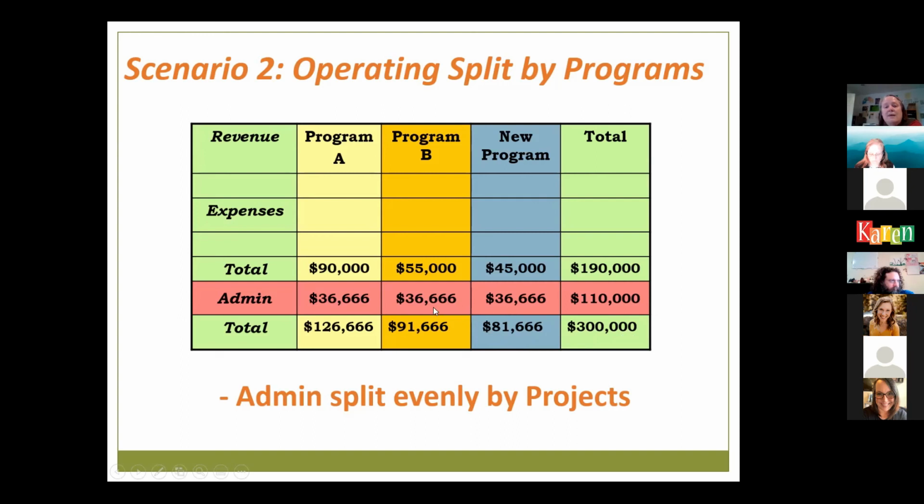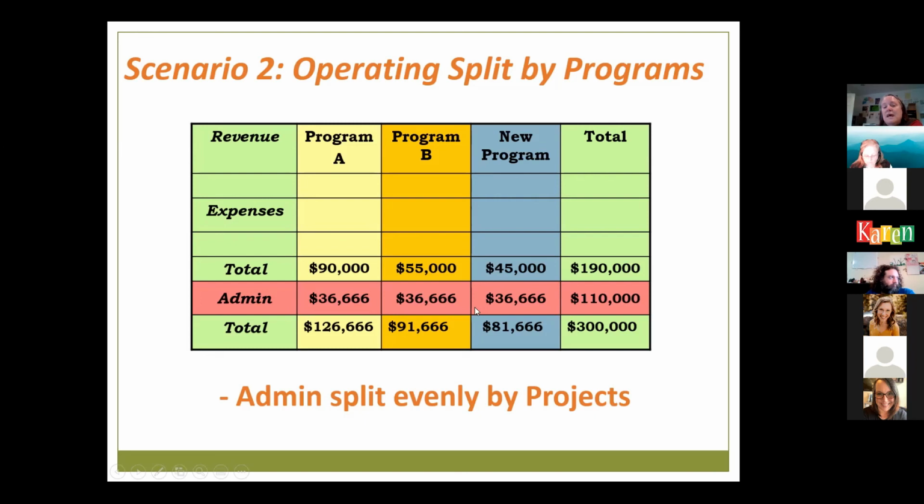I'm allocating admin to our programs A and B, but look at that. I've decided that I'm going to allocate admin evenly. Is that fair? Well, you could think of it this way. To launch this new program, you might need a lot of the executive director's time or the development director's time to get new grants going and to figure out all the staffing plans and what's going to actually happen.